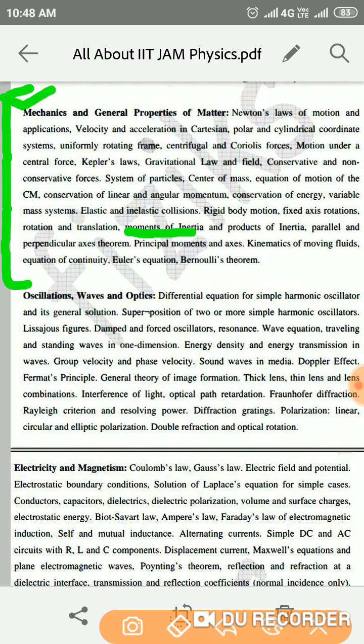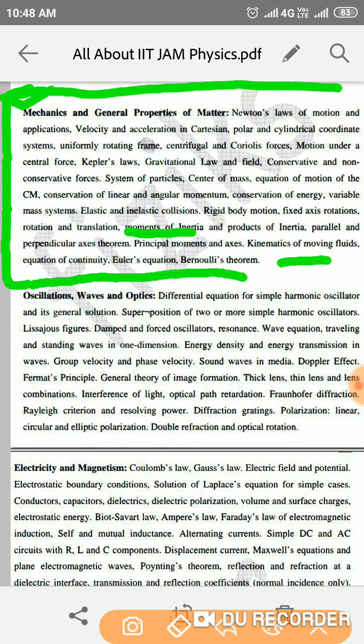And at last there is some topic from fluid mechanics. There is not much syllabus from fluid mechanics, you only have to study Bernoulli theorem, which is important, and the equation of continuity is important, and buoyancy is very important from fluid mechanics. So that was all the course from mechanics.